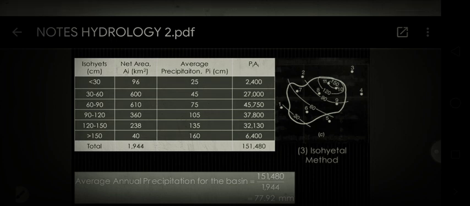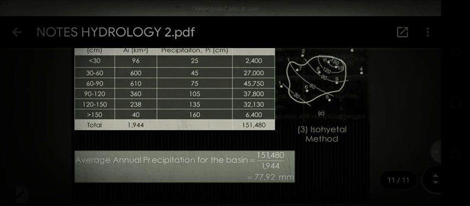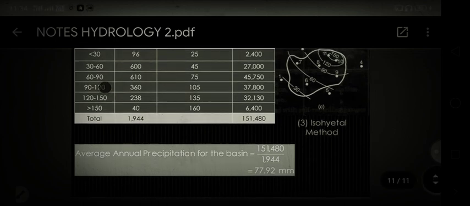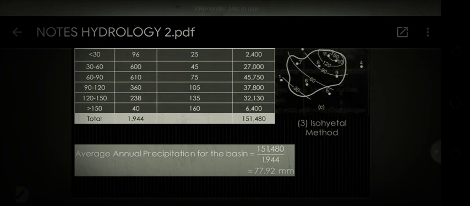If we add all the values of net area, the total is 1944, and the Pi into Ai value will be 1,51,480. So the average annual precipitation for the basin will be 1,51,480 divided by 1,944, which will give the value 77.92, which will be your answer.